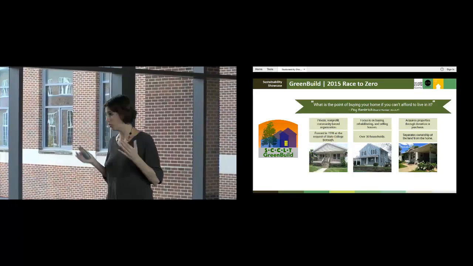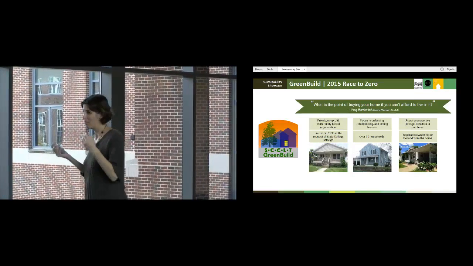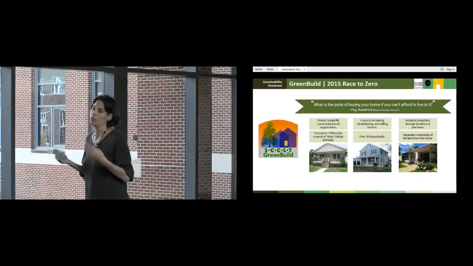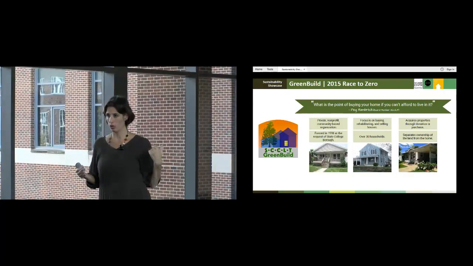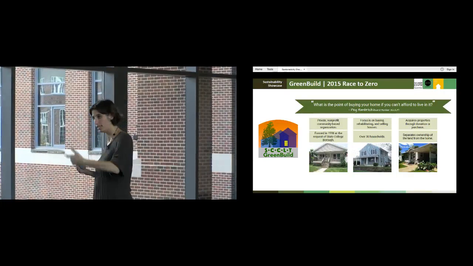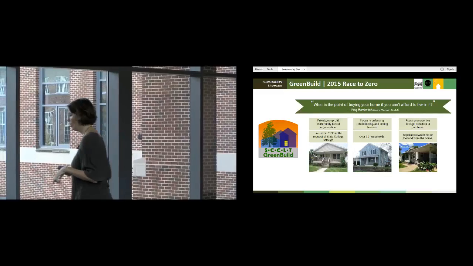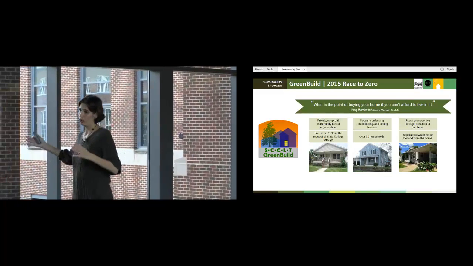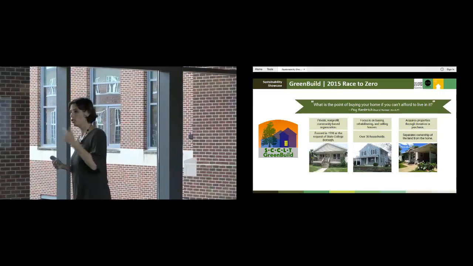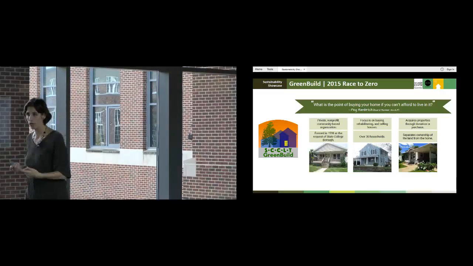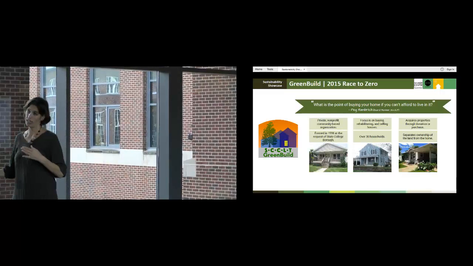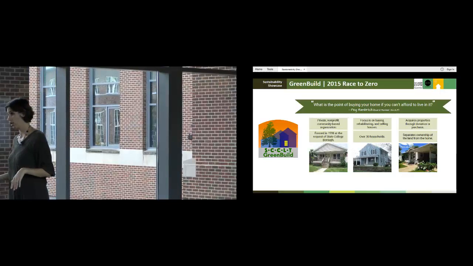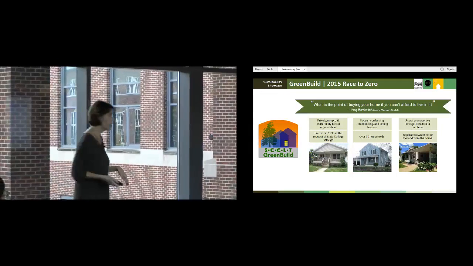If you ask any of the homeowners, it doesn't matter to them that they don't own it. But what it assures is that these homes that the land trust purchases and sells to income-qualified homeowners stay as affordable housing in perpetuity. So if somebody is going to sell their home, they need to sell it either back to the land trust or to another income-qualified homeowner.